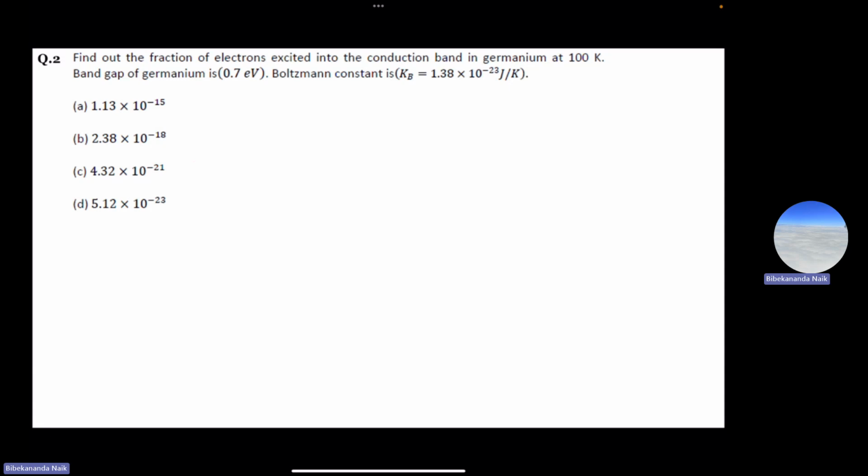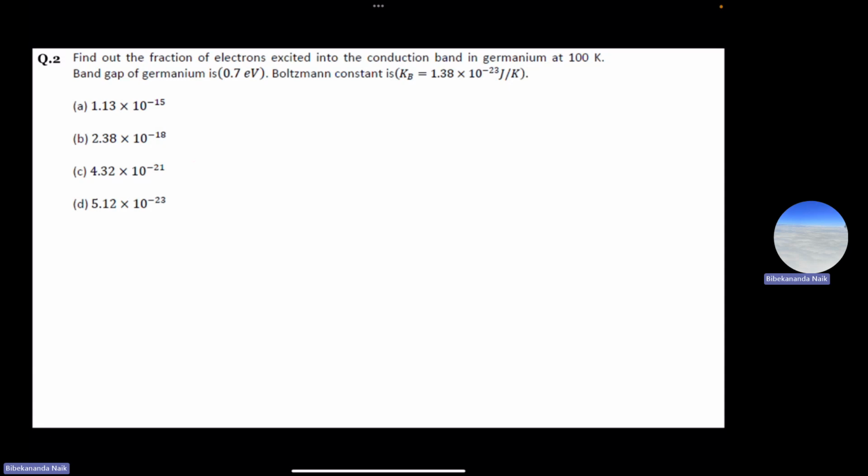Because I told you why they are called semiconductors: the energy difference between the valence band and conduction band, which is also known as the band gap, has some minimum value, that is 0.7 electron volt in this case. So in order to conduct electricity, the electrons need to go to the conduction band from the valence band. So they need some energy.